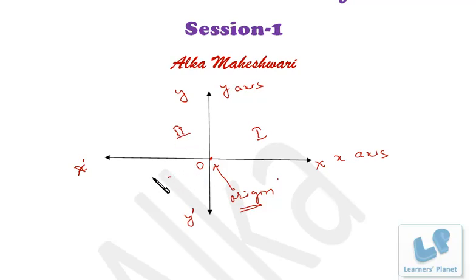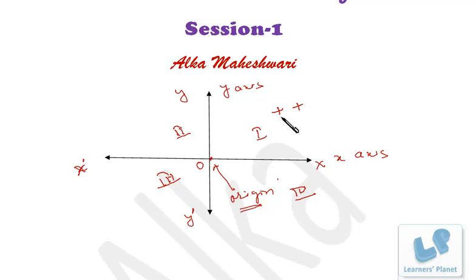We can call them quadrants, right? Now as I told you, in this portion, values of x will be positive, and in this portion, the values of y will be positive. So precisely in the first quadrant, x and y, both of them will be positive, right?